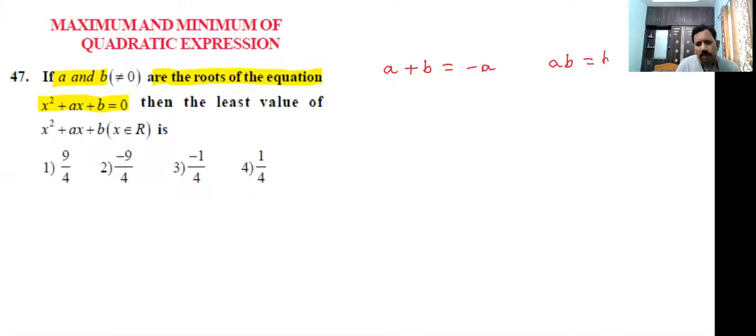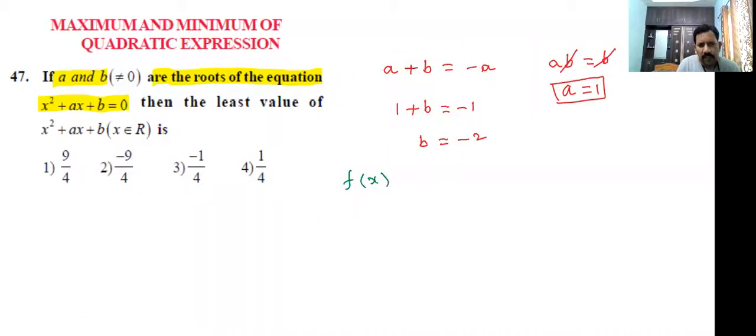Product of the roots is b. Here we need to identify the a and b values. See here, in this relation b is cancelled. We get a value 1. Understood? Now substitute the a value here, 1 plus b is equal to -1. Finally, what is the b value? -2. Substitute those values in the given expression.